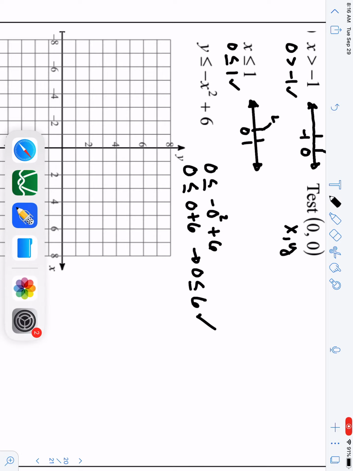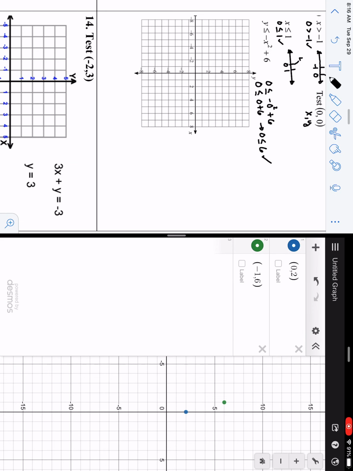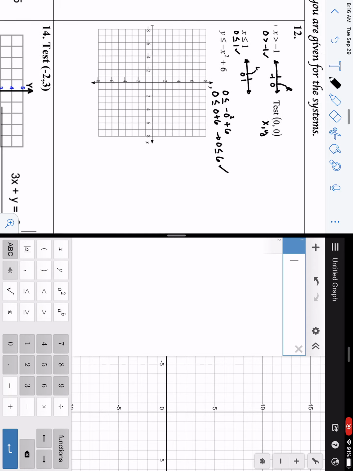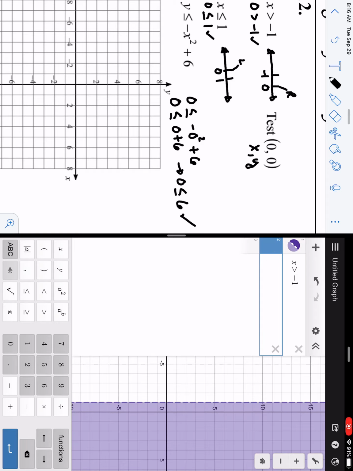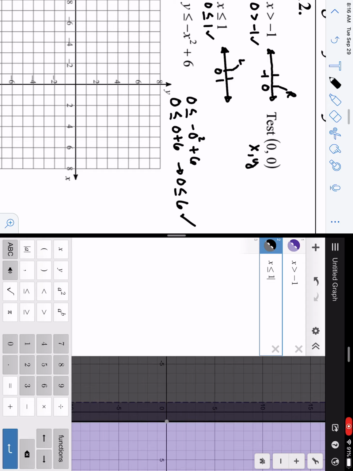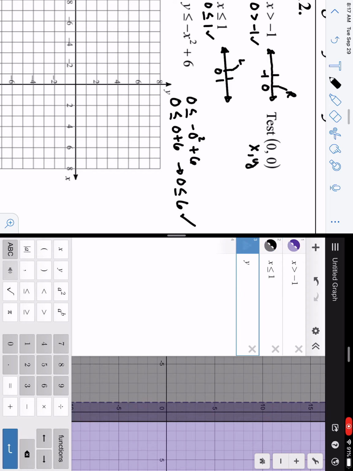Now, if we want to just go back and verify, again, I'll show you how much easier it is by using Desmos. So we type our given inequalities or equations. Make sure you type the right thing. -x squared plus 6.